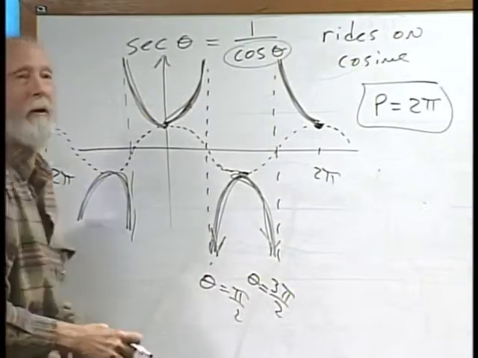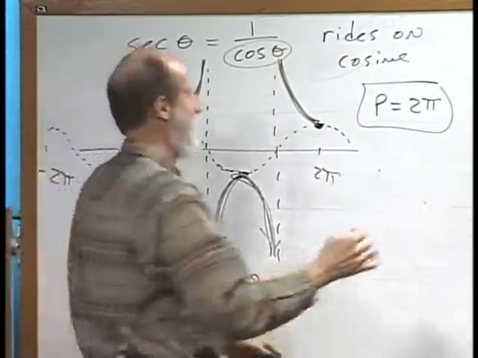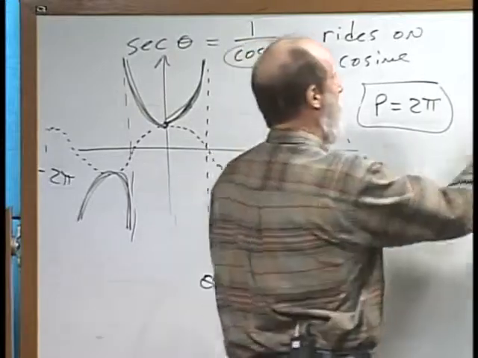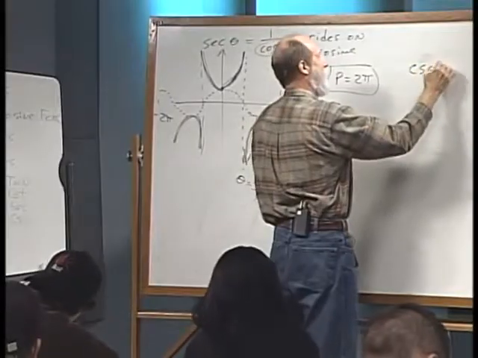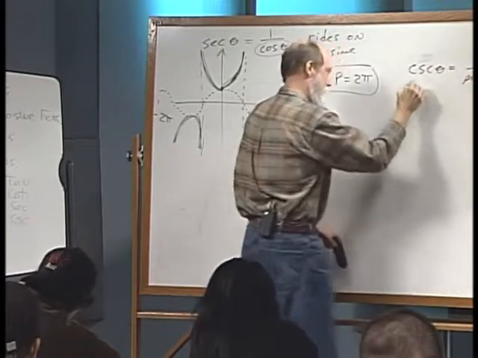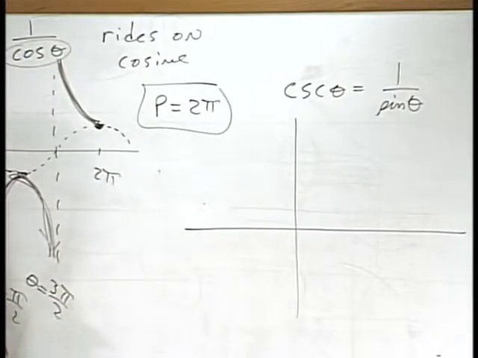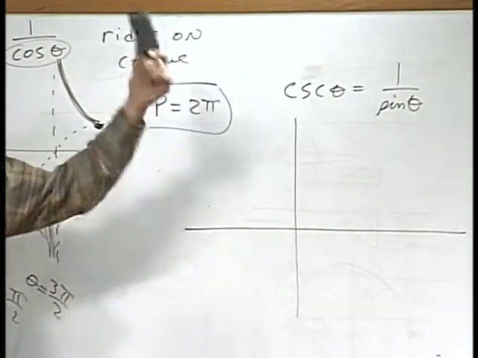So in 30 seconds, we can end this. One last quick sketch. What about the cosecant graph? It rides on the sine wave.